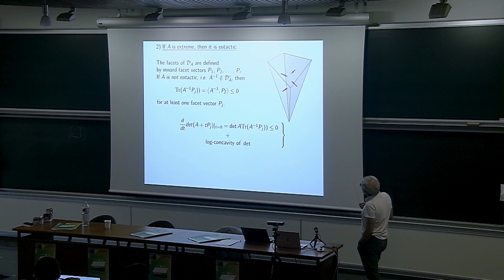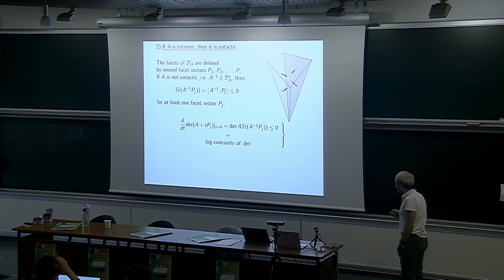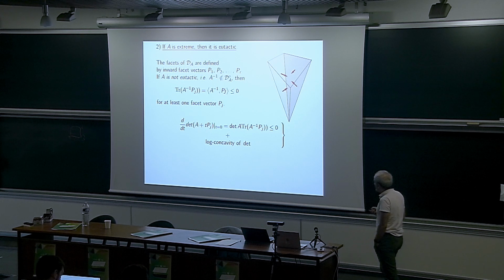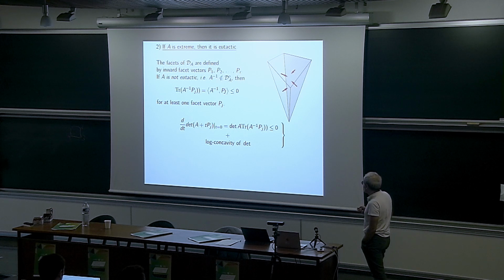And if ever A were not eutactic, this would mean that this scalar product would have to be non-positive for at least one of these facet vectors. And again, this would mean that the derivative of the determinant in this direction would be negative.